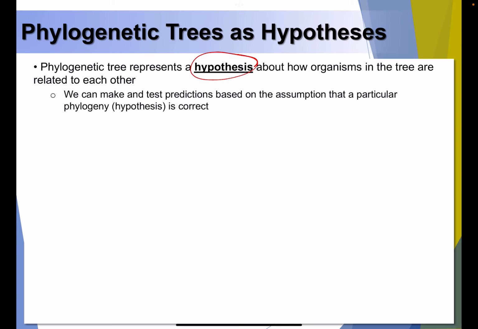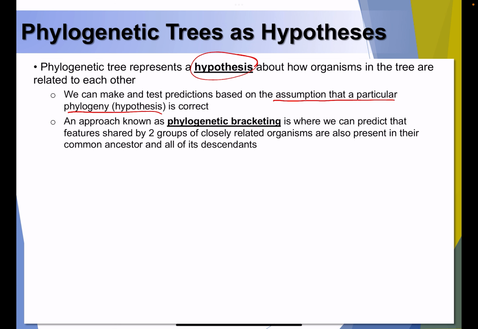In addition, we can actually make and test predictions based on the assumption that a particular phylogeny or hypothesis is correct. In an approach known as phylogenetic bracketing, we can predict that features shared by two groups of closely related organisms are also present in their common ancestor and all of its descendants, because that's the definition of a phylogenetic tree.